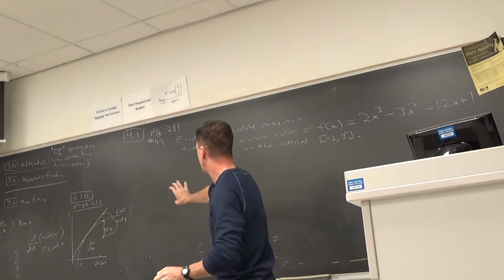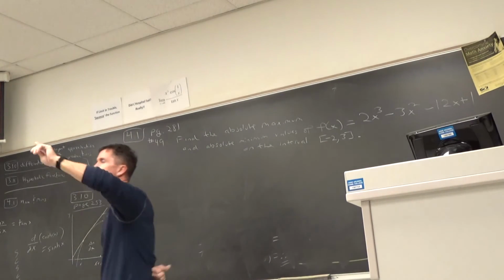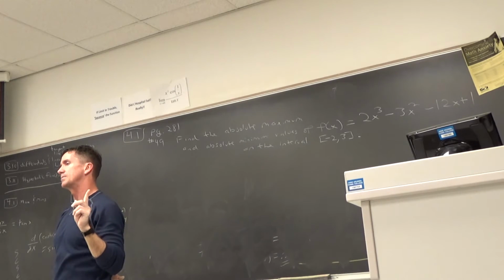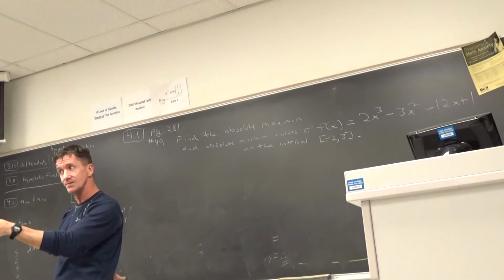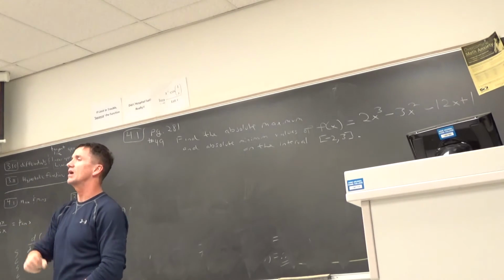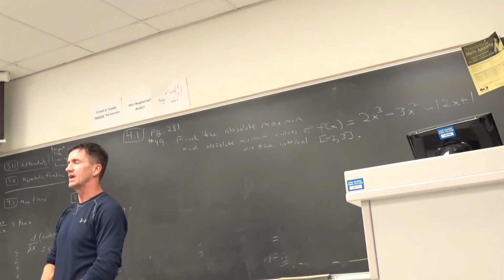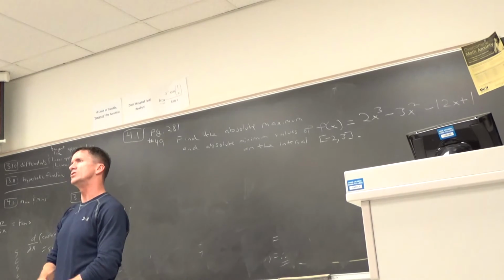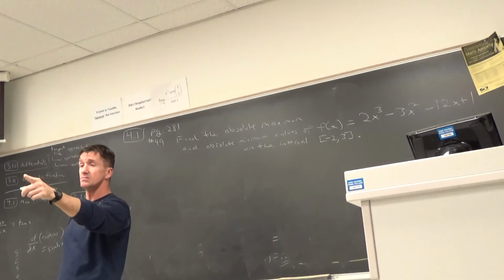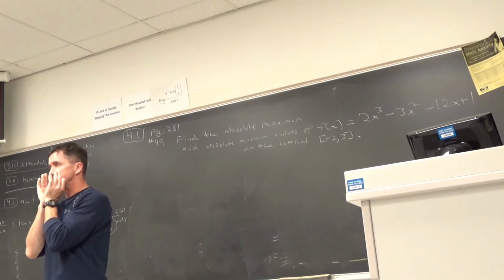I'll record them and write them off to the side. And then I'm going to compare them to something else. What am I going to compare them to? I'm going to get the first derivative. And what am I going to set it equal to? 0. I'm going to solve for x. Is there a name for that, everyone? When you take the first derivative and you set it equal to 0, or where it does not exist, all right?